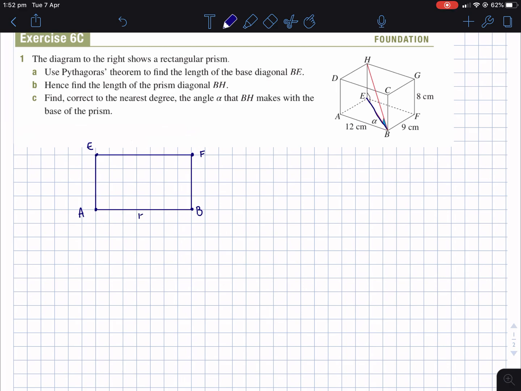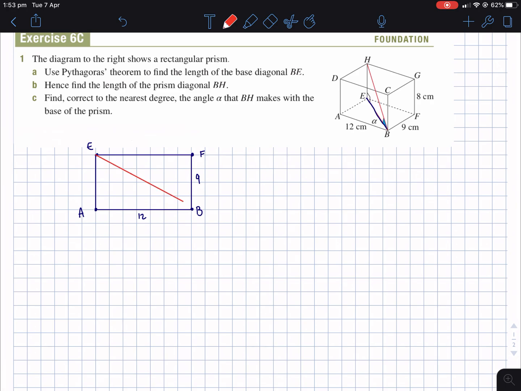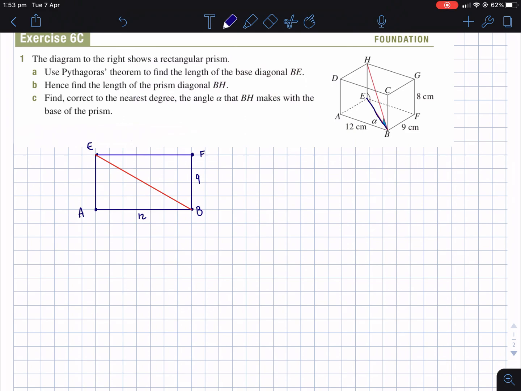This length is 12, and this length is 9. We want to know the length of this diagonal here, that's the line BE. We're going to use Pythagoras, because this is a right angle, and this one is also 9, this one's also 12.